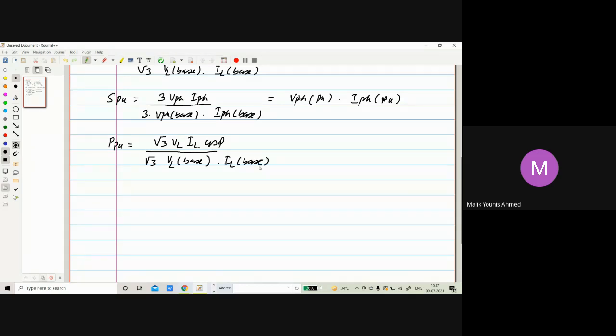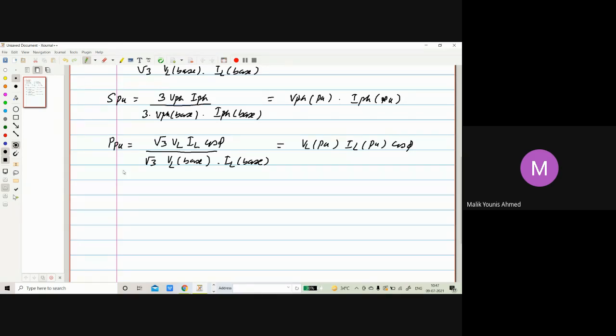Cos phi will not be there because the base value is in apparent power S. So root 3 gets cancelled. VL divided by VL base is VL in per unit. Similarly, IL divided by IL base is IL in per unit. And then we have cos of phi. So this is the way we are going to get the real power.